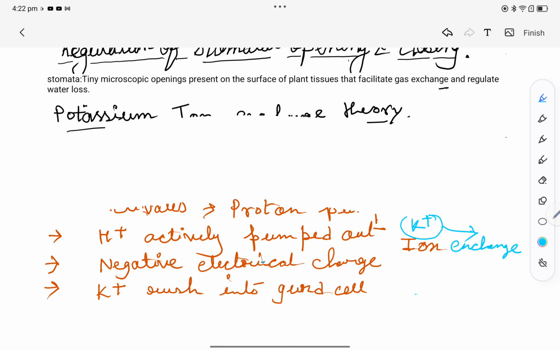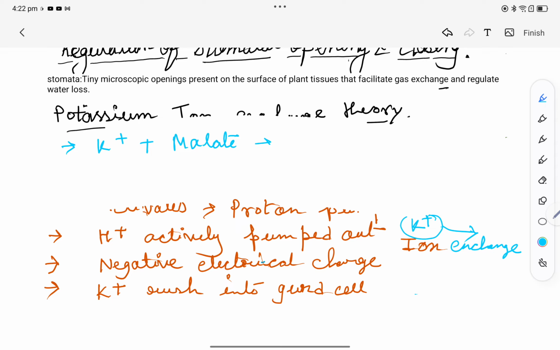In the next step, these potassium ions will react with malate, the malate that was produced by dissociation of malic acid.